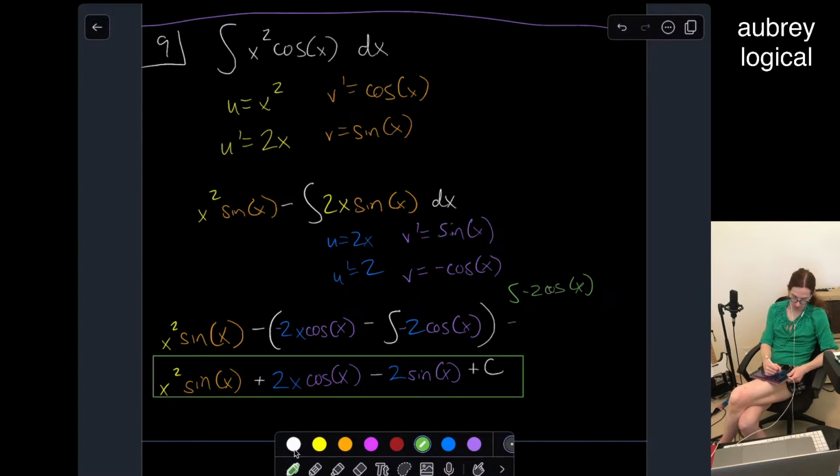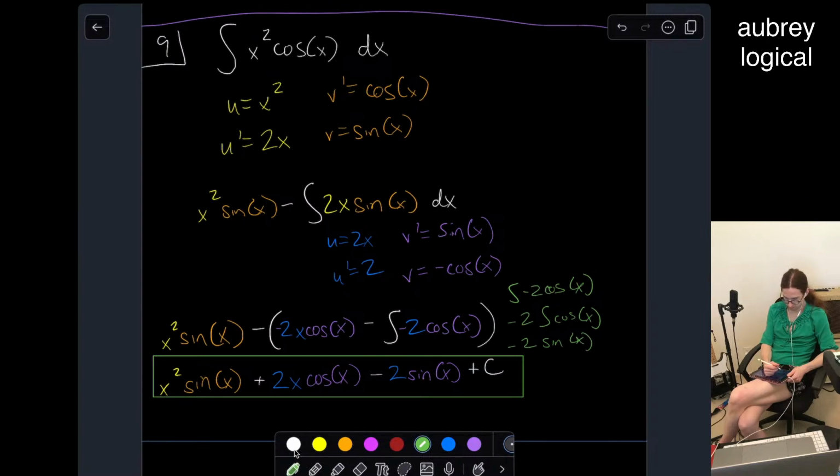We're going to bring the -2 outside, and we are going to find the integral of cosine x, which is going to give us sine of x.